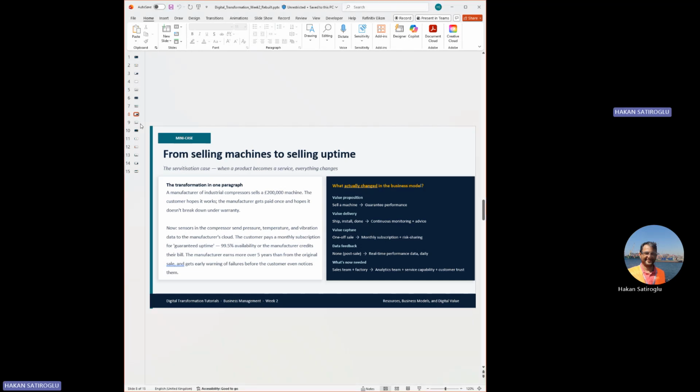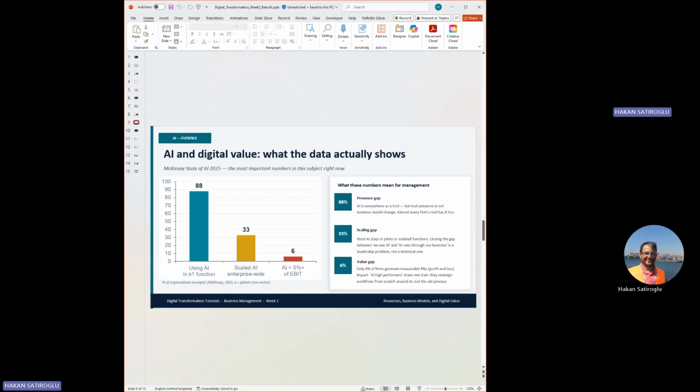The next slide is where I included some AI, because it's impossible to exclude AI in digital transformation. One of McKinsey's research findings is that AI presence is not the same as AI value.